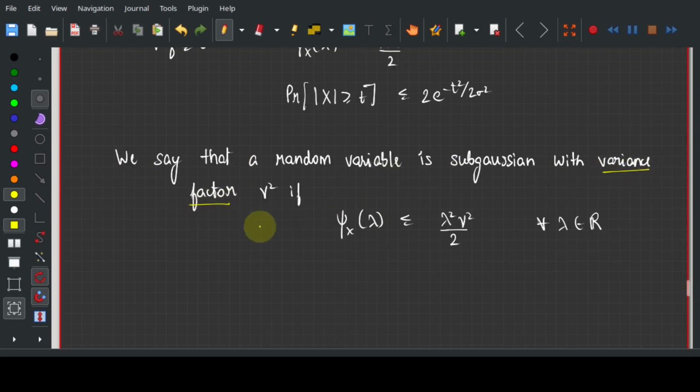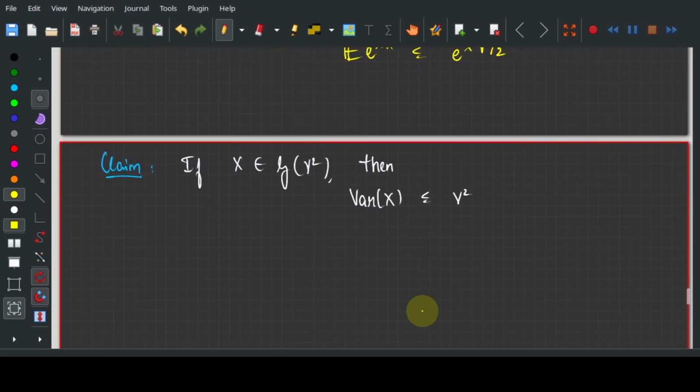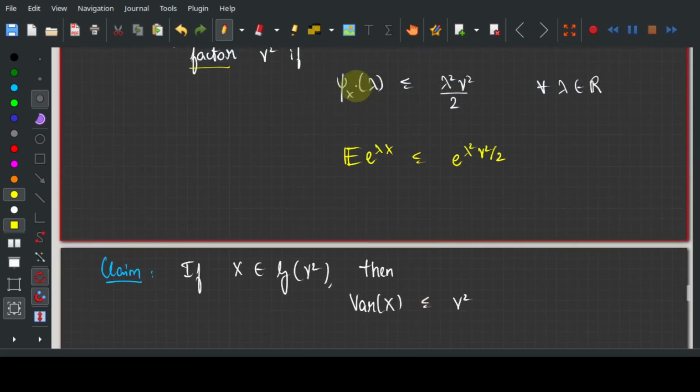Right. So let's suppose that the log moment generating function is in fact less than or equal to lambda square nu square by 2. So this simply means that the moment generating function, expectation of e to the lambda x, is less than or equal to e to the lambda square nu square divided by 2. Right? So it turns out that if this is true, then the variance of x turns out to be less than or equal to nu square.